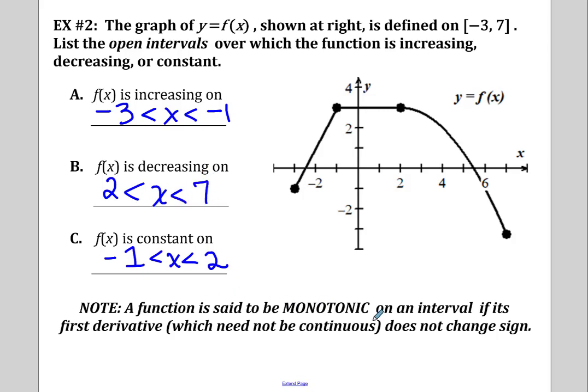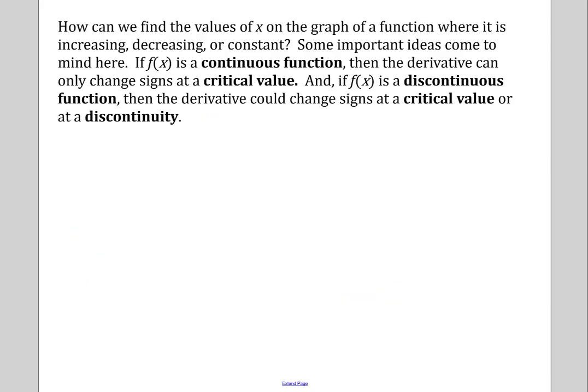So a function is said to be monotonic if its first derivative does not change sign. So if you've got a first derivative that's positive all the way through an interval, then I can say that function is monotonic. It's increasing everywhere. How can we find the values of x on the graph of a function where it's increasing, decreasing, or constant?